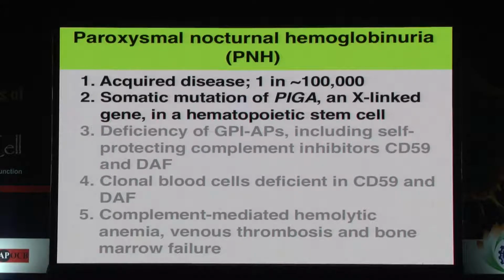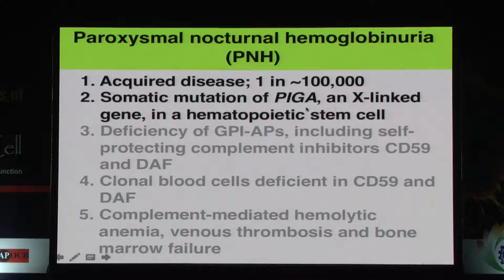So PNH is an acquired disease. The number of patients is about 1 in 100,000 people. So I would expect in India at least 10,000 patients with PNH. This is caused by a somatic mutation in PIGA that occurs in the hematopoietic stem cell.